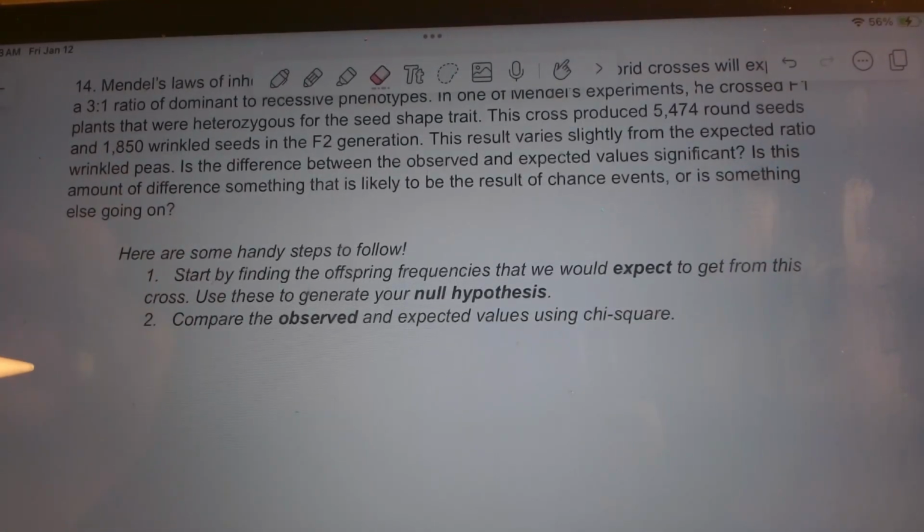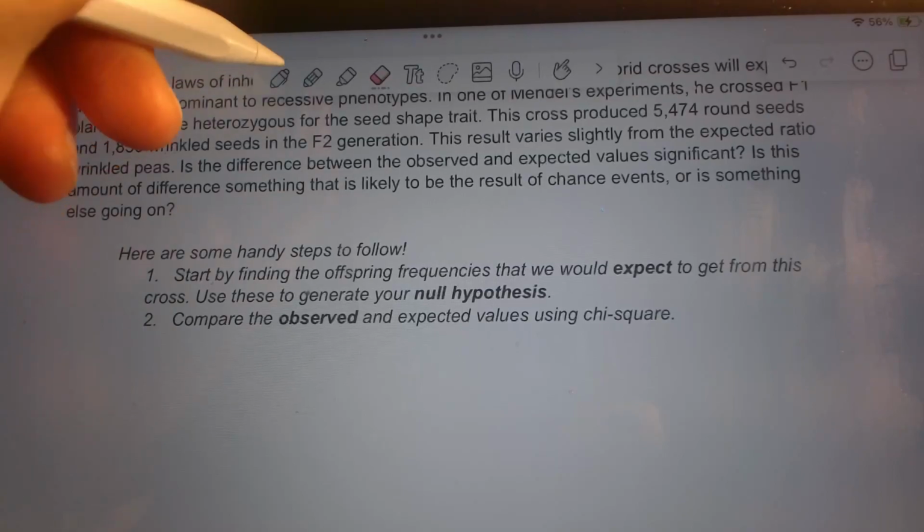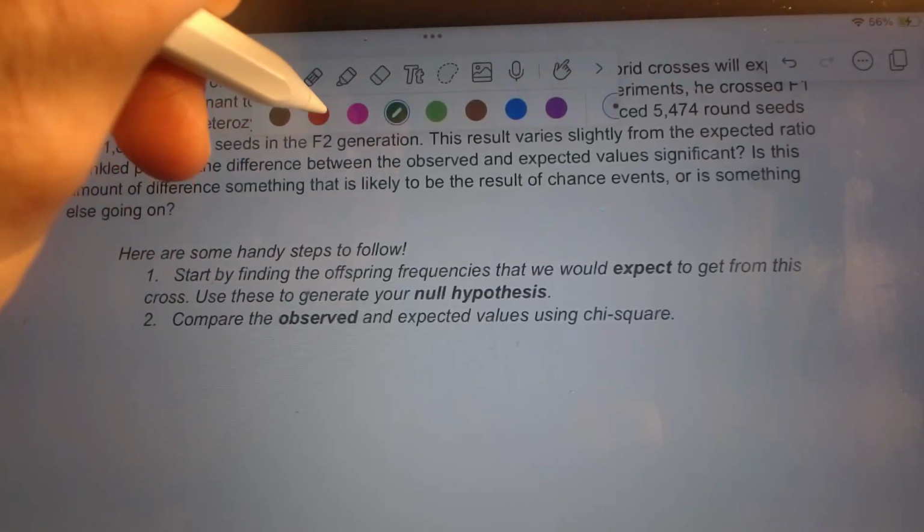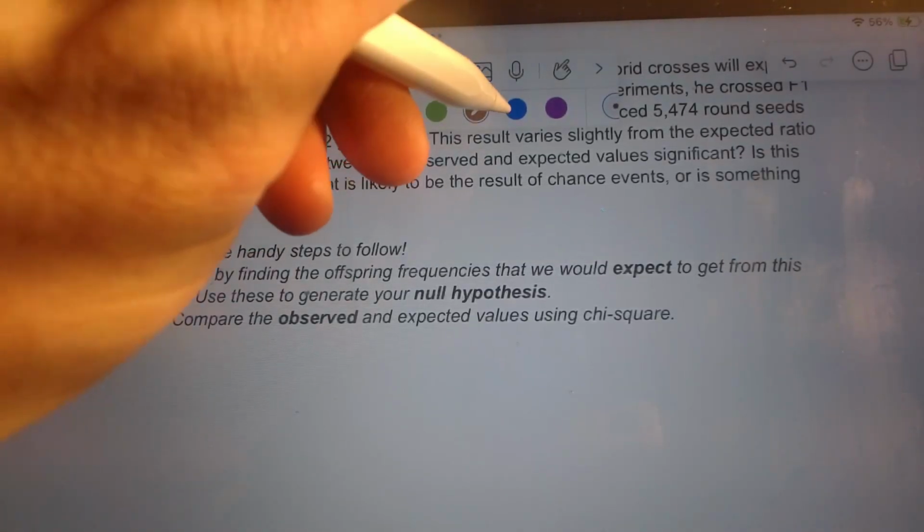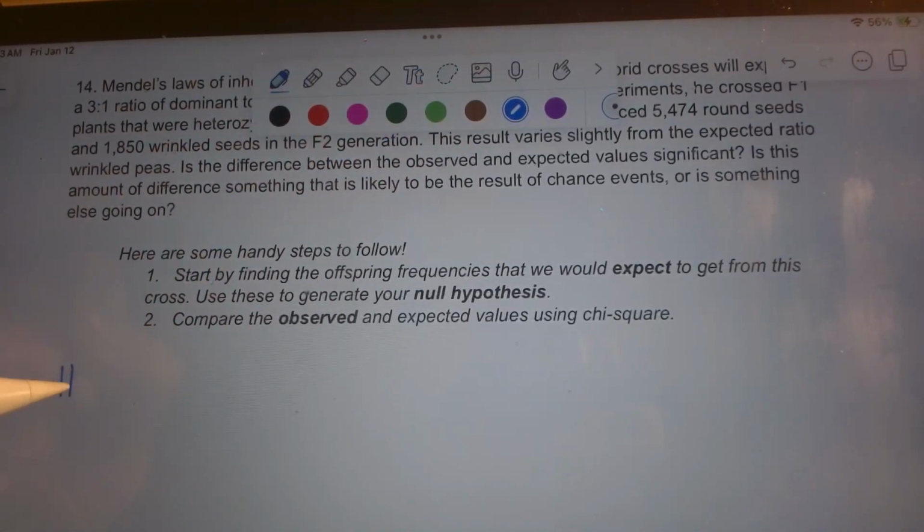So our null hypothesis will be, write it down, H0, that's the null hypothesis.